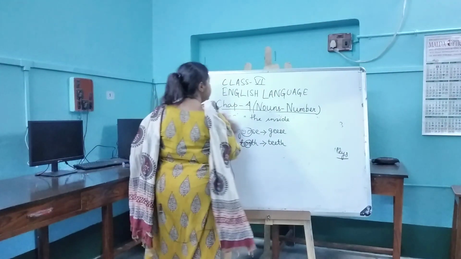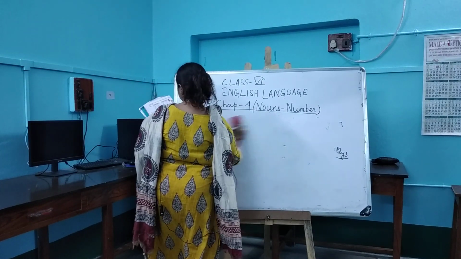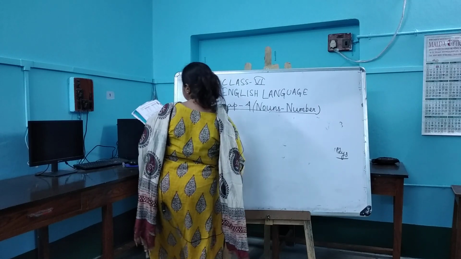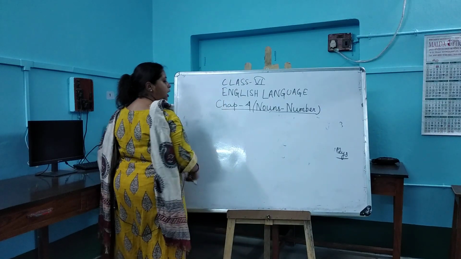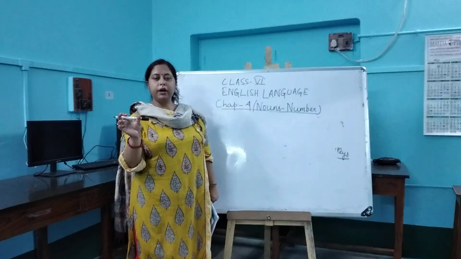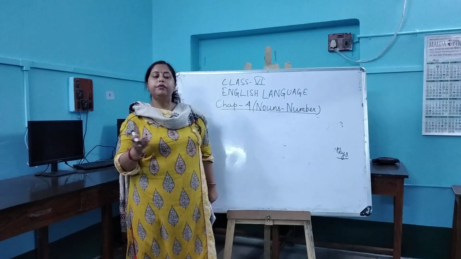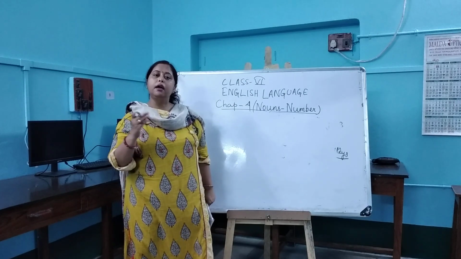The next rule is: if the noun consists of several words, or compound nouns, if the noun has several words, not a compound noun, in that case we change the main noun. We add s to the main noun.